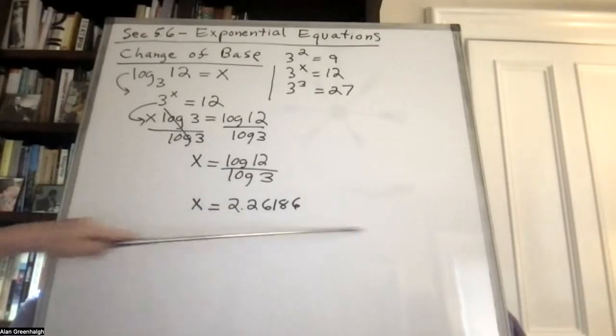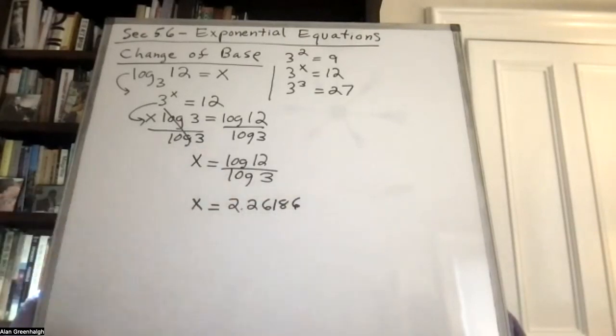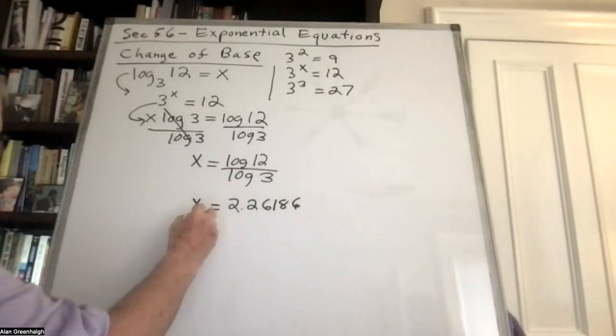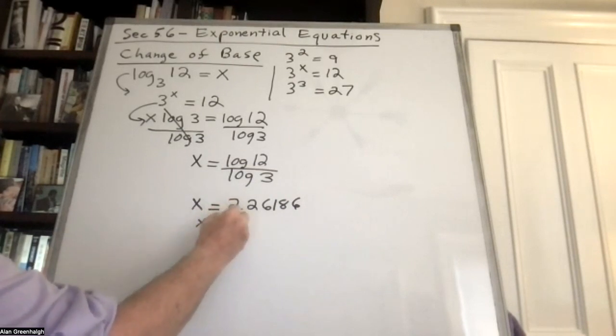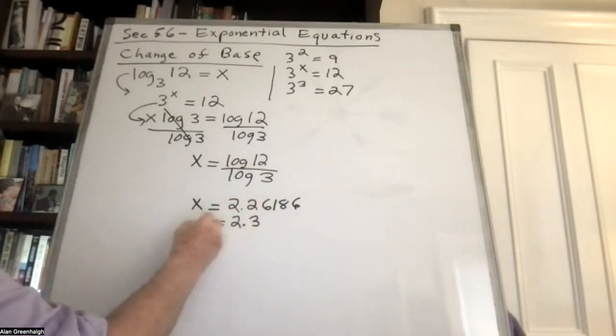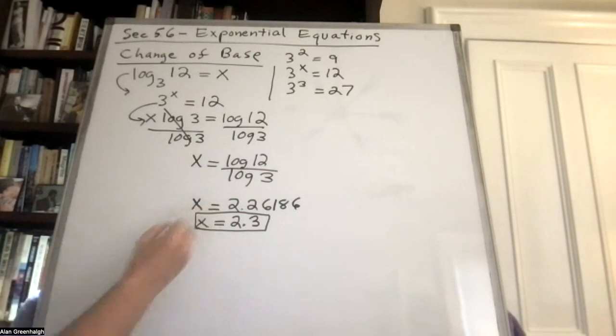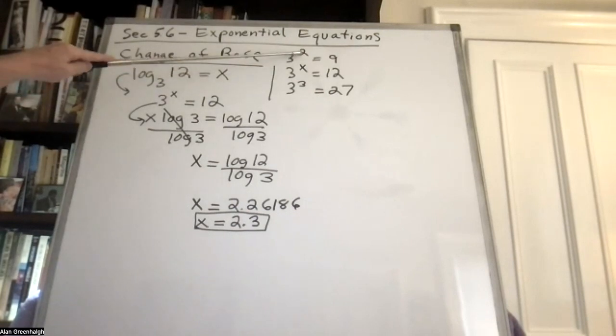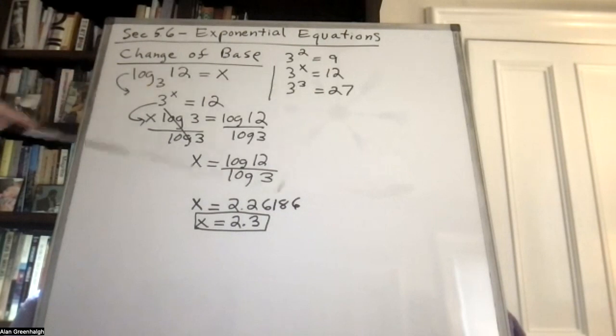This is actually equal to something which is indescribably long in terms of the number of digits. But to the nearest 10th, let's say, it would be equal to 2.3, which is sort of close to what I was saying about x having to be between 2 and 3, but much closer to 2 than it is to 3, and there it is, 2.3.